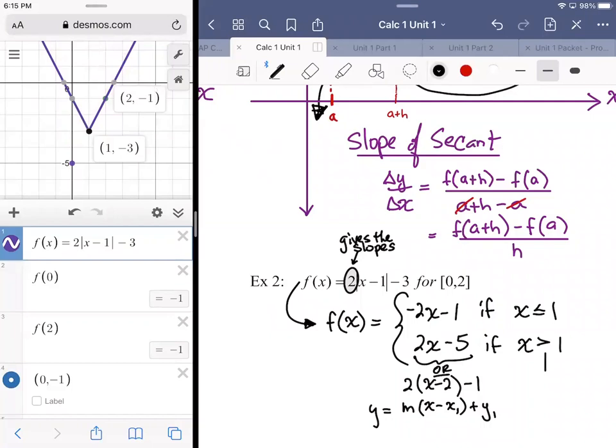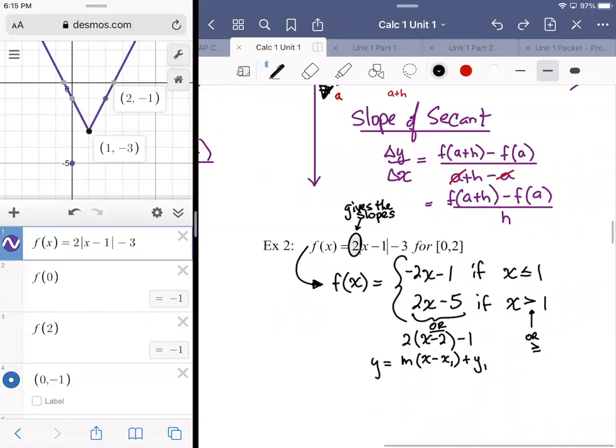Here, I could say greater than or equal to if I want. The idea is that this would show an open circle at that vertex, but this would close that open circle. So it would be fine either way. That would be the piecewise function that represents this graph.